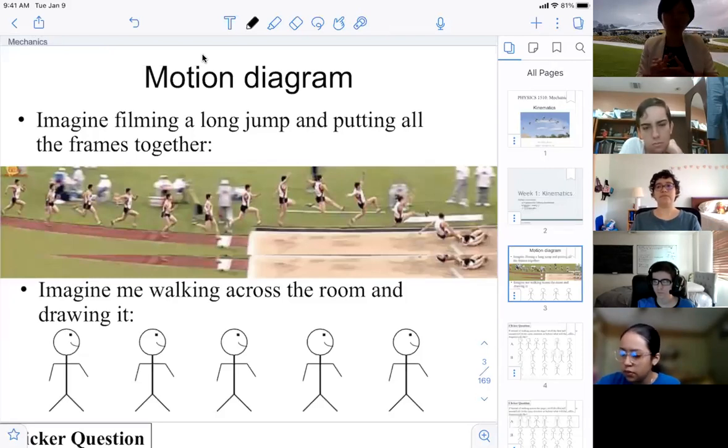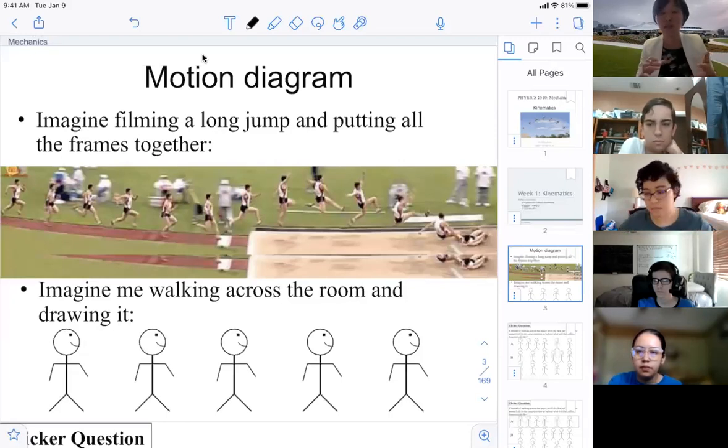So motion diagrams are easy. Simply imagine you're trying to film a long jump, right? And you have a camera that can take snapshots every maybe 1/10 of a second, or even more frequently. And you put all your frames together, right? So this is like a long jump picture, and this is like our motion diagram.